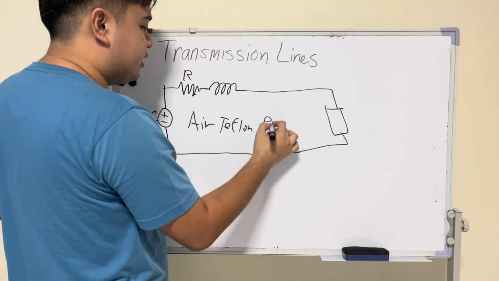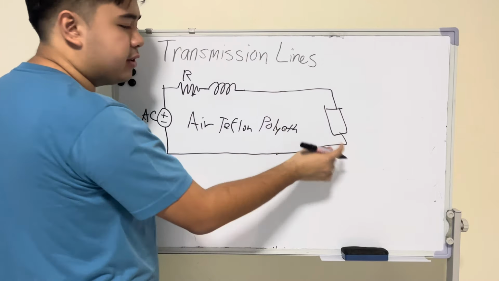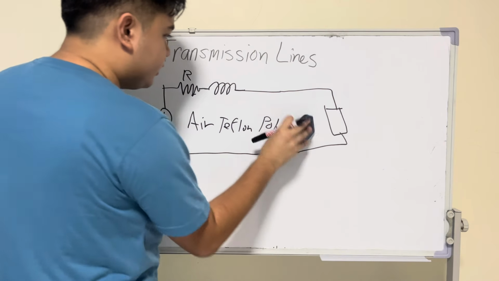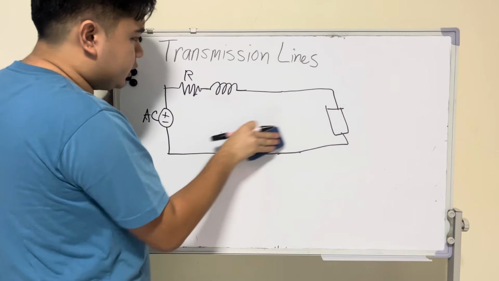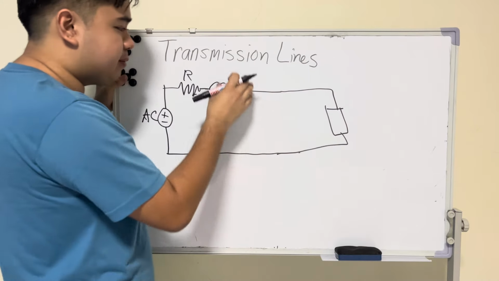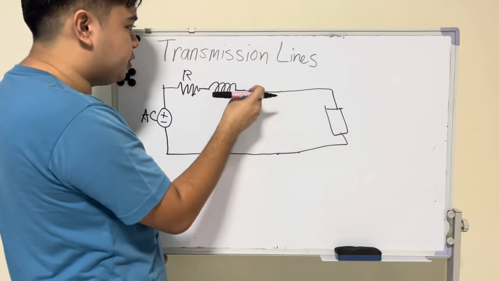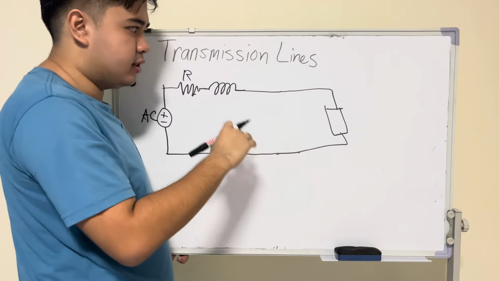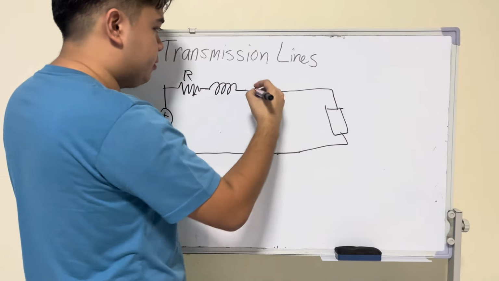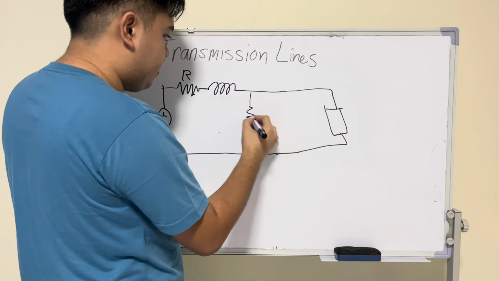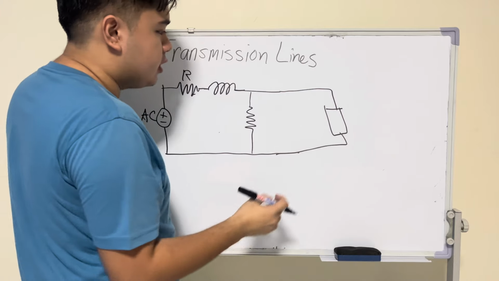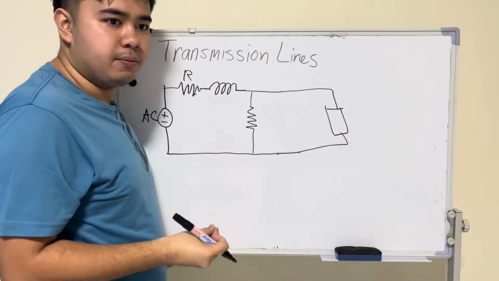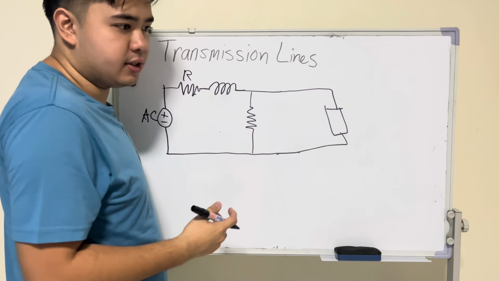Or polyethylene, which is some sort of plastic. And those have some conduction between one of the wires and the other. This conductivity is very small, but it does have some. And we can also simulate that using a resistor, because insulators are just big resistors, right?